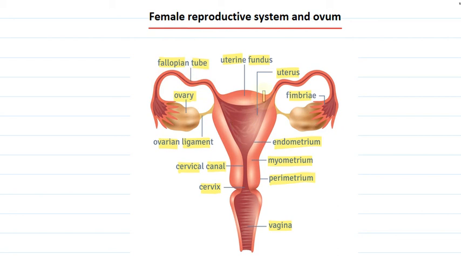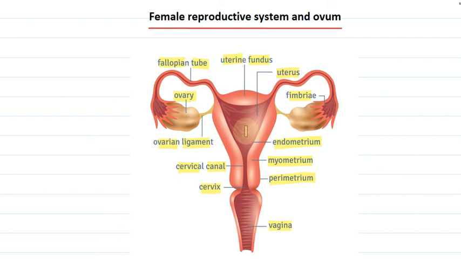Okay. Then there is the uterine fundus. It is the top portion of the uterus that is present opposite to the cervix. Then there is the uterus. It is shaped like an inverted pear and is supported by ligaments attached to the pelvis, and it is the site for implantation of the zygote and the complete fetal development.